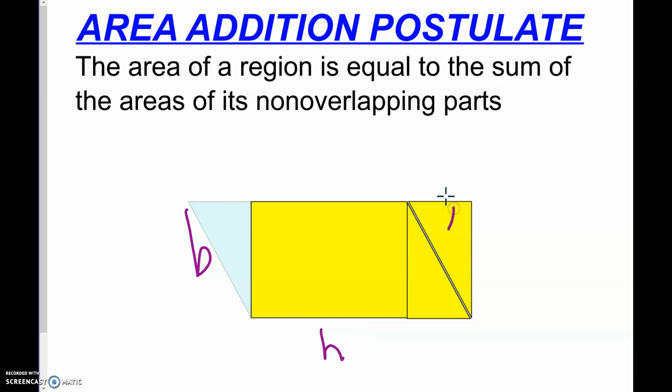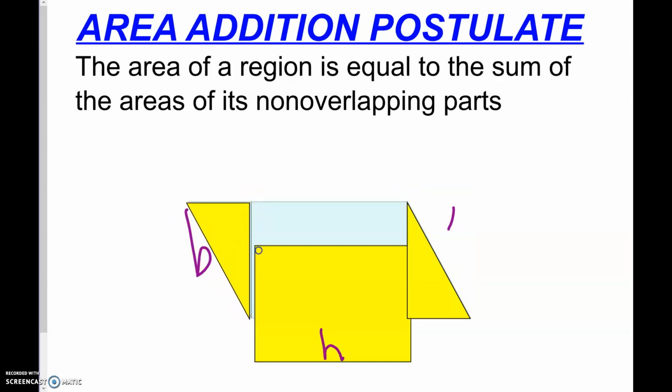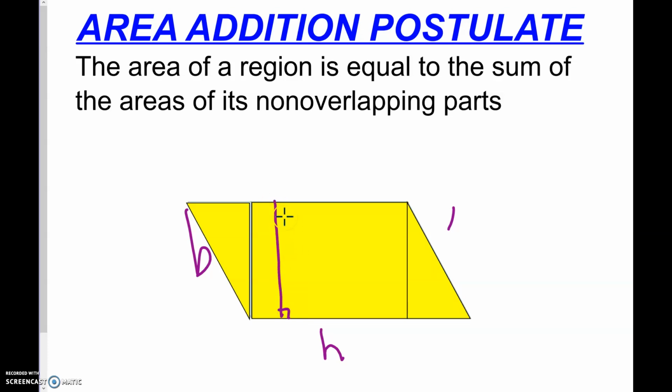When I put this piece back over here, it's still base times height. Now, whether you use this height right here or any of these, as long as this comes down and it's perpendicular to both, any of these heights are all going to be the same length. So as long as it is perpendicular to both sides, then there's your height.